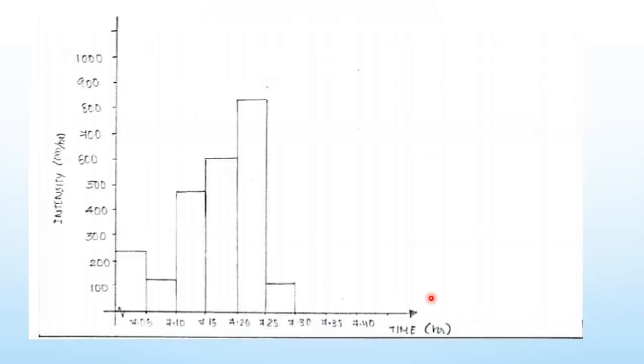And you draw the hydrograph like this. For the first 5 minutes the intensity was close to this reading, and then the next 5 minutes. So this is how the hydrograph will look. This is the reading in mm per hour.